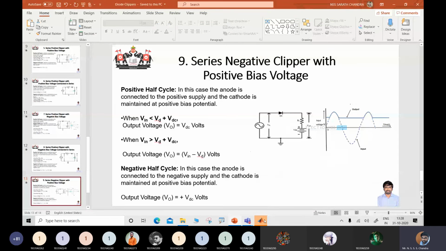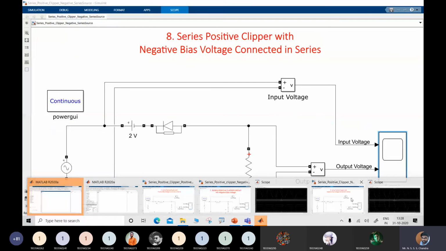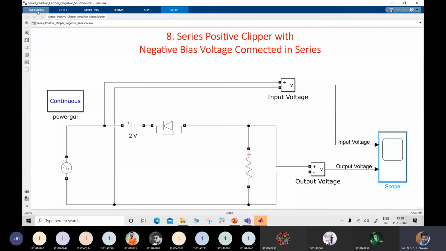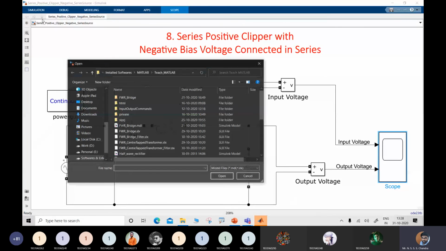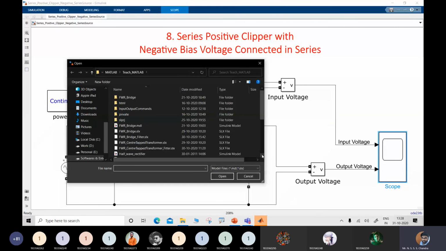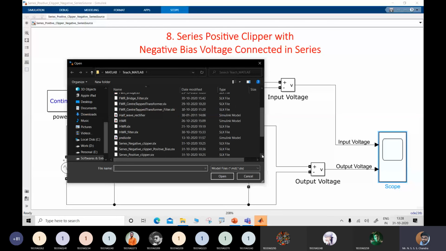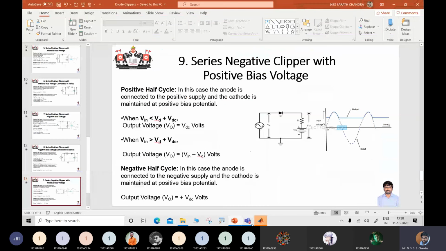In the negative clipper, the negative portion of the curve will be trimmed down. Earlier we were using positive clippers, so we were more focused on the negative waveform in the output voltage. Now we'll be focusing more on the positive waveform in the output voltage. Series negative clipper with positive bias.